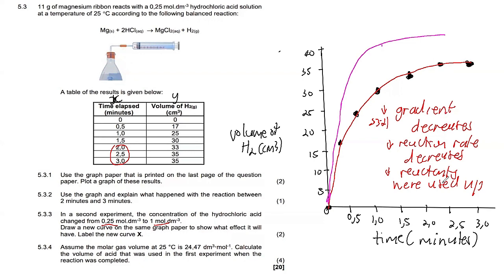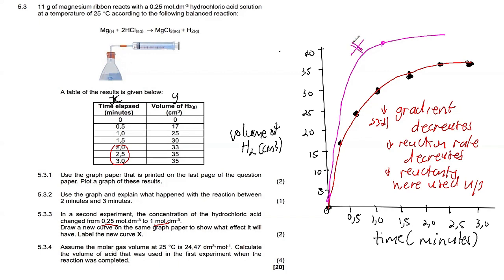So this one is becoming a flat line at 2.5, but this one we can say starts to become a flat line maybe at 1.5. So this indicates that the rate of reaction is faster, because remember, it comes to completion faster. And again, the fact that we have a steeper gradient here also indicates that our reaction rate is faster, right? So they say we must label this new curve X.